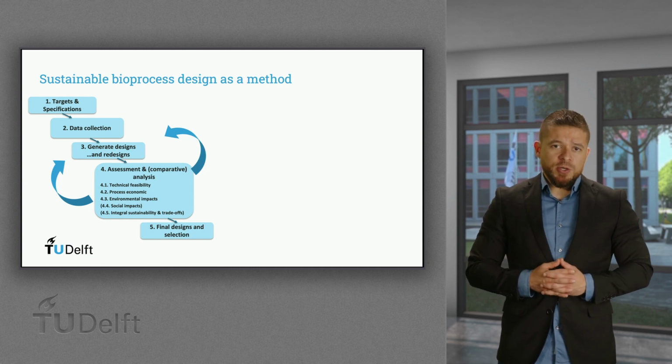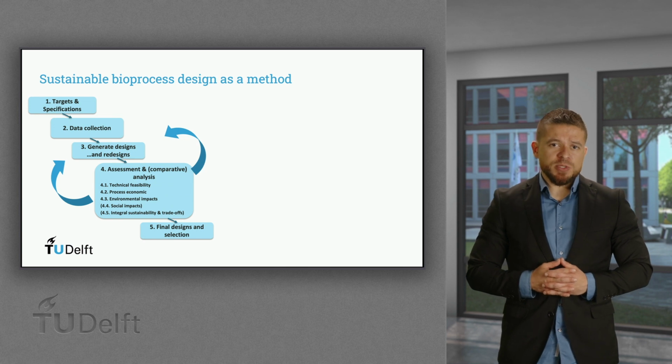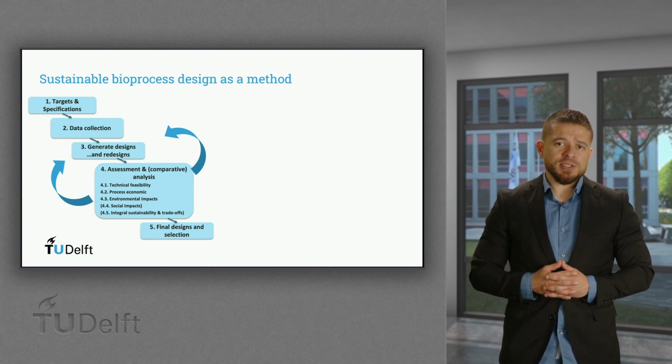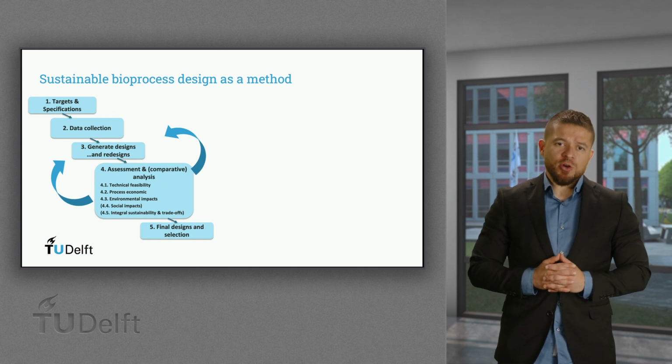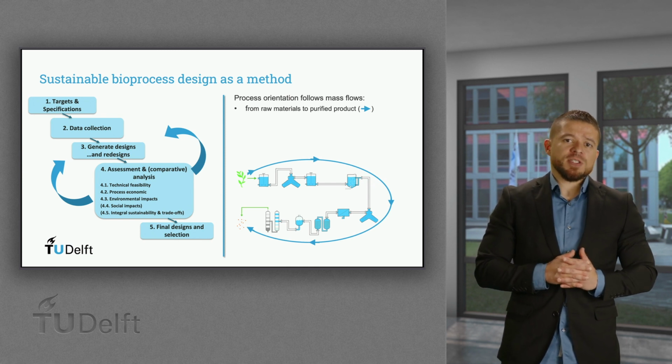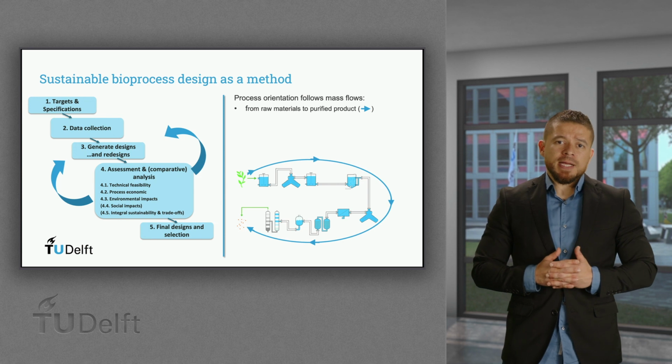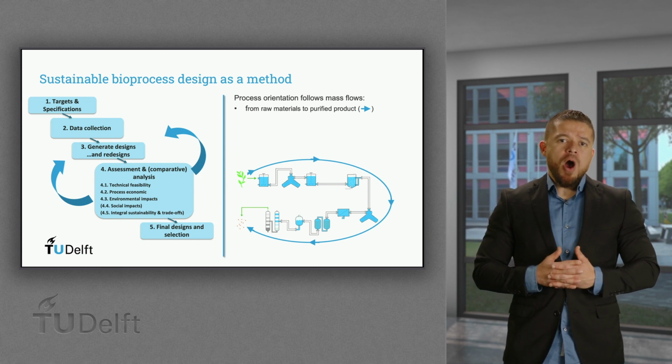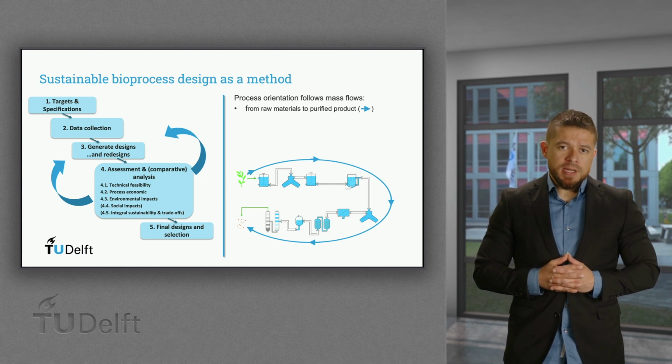But before we continue, it is important to distinguish between the sequence for process orientation and for design orientation. These are two different concepts. For process orientation, materials flow from the feedstocks to the purified product, and this is the logical sequence how we see the process.